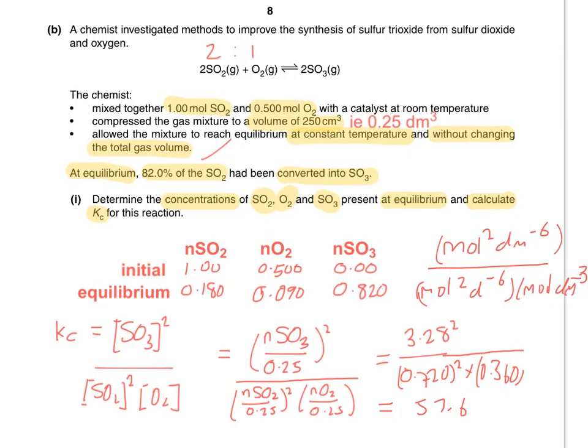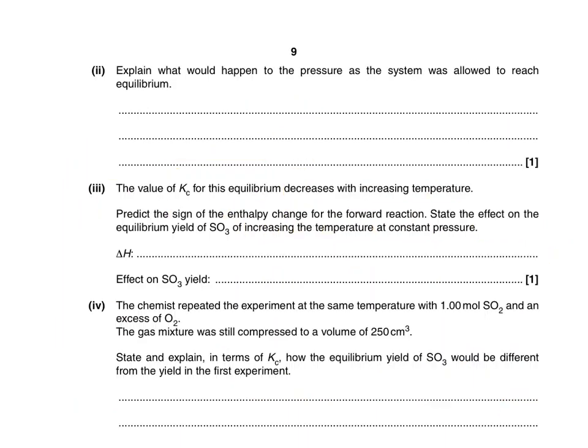So those can be cancelled. So that now gives us that, which is your unit. Could also be decimeter to the power of 3 times mole to the power of -1. But that now gets us our 6 marks. So let's move on to the next.